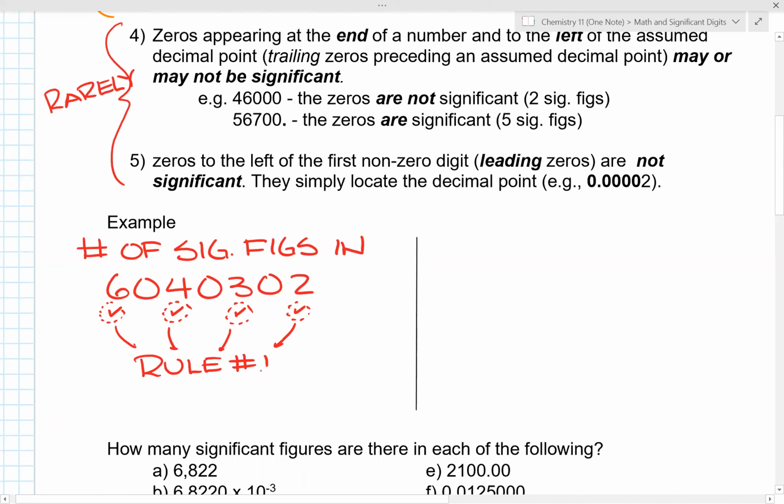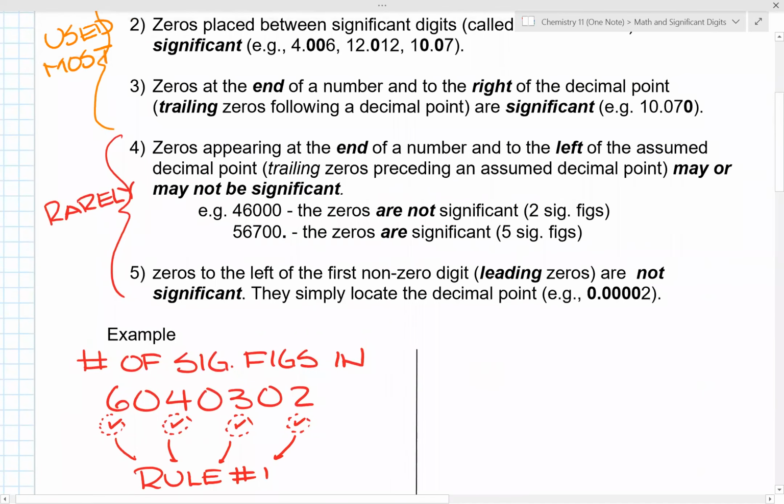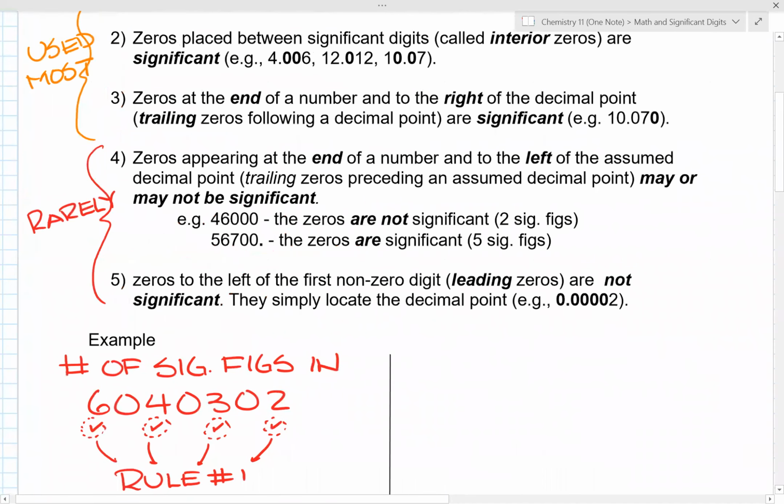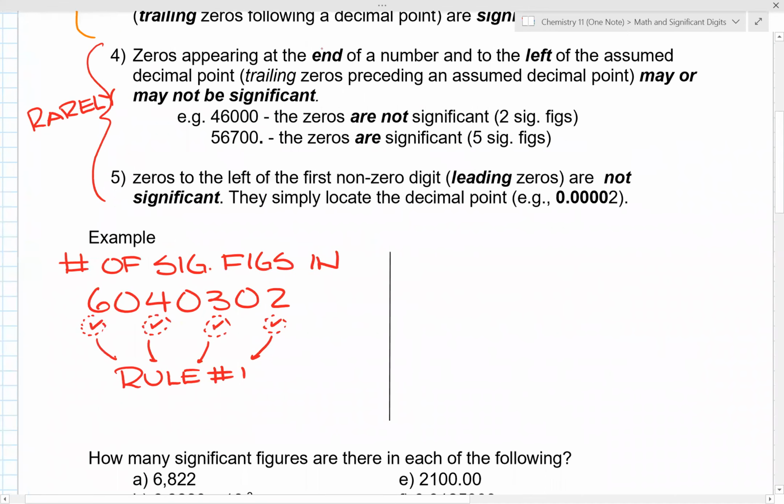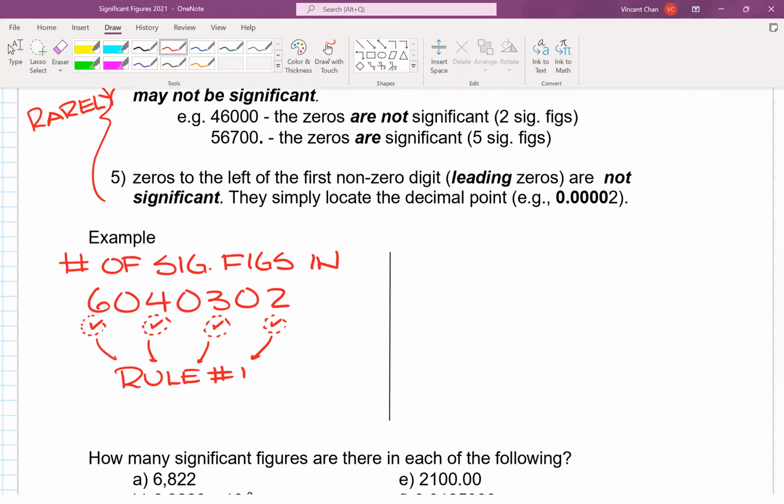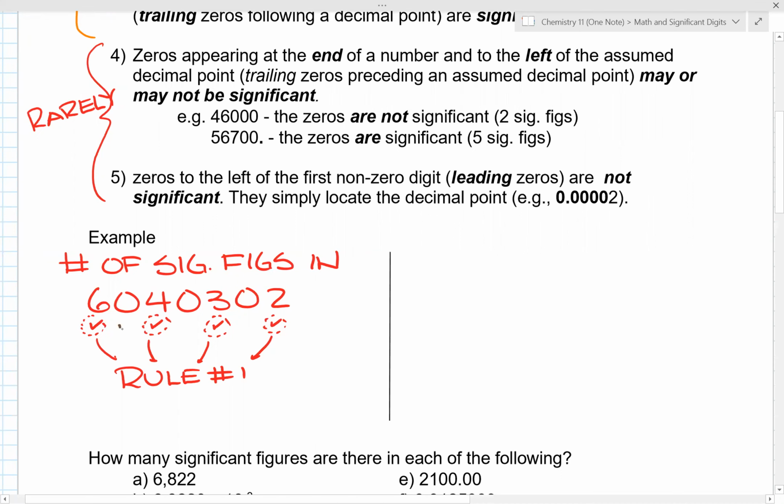If you take a look at the zeros, they fall under rule number 2. It says zeros placed between significant digits, called interior zeros, are significant, so they are important. In our example, these 3 zeros are important as well.